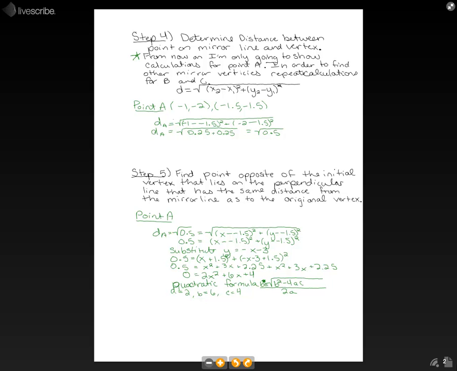Whenever we do this, we're going to get x equals negative 1, or x equals negative 2.